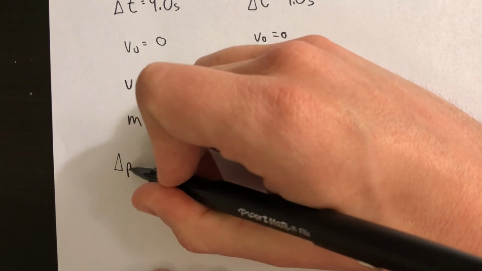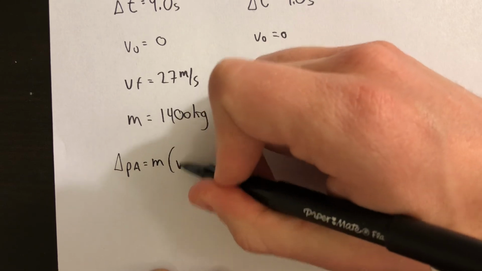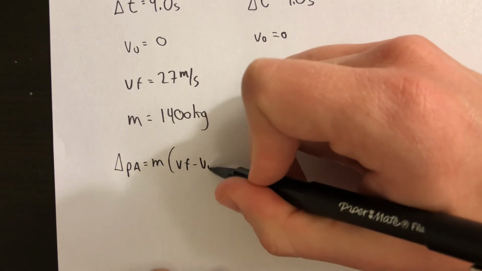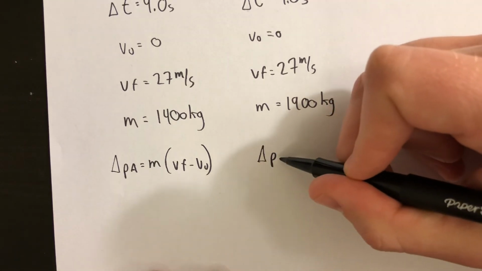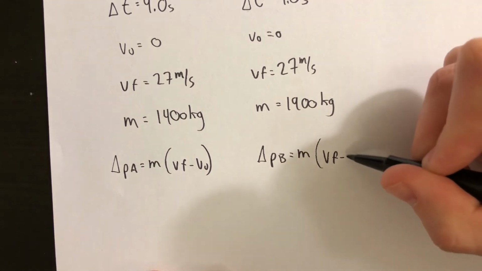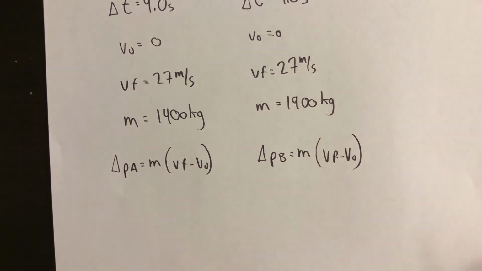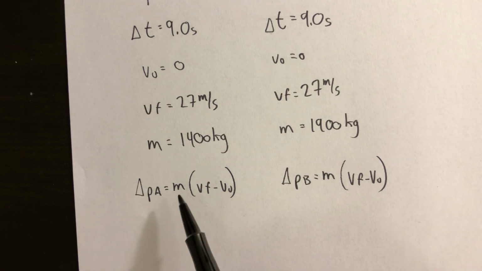So delta P for A is gonna be M times (V final minus V initial). Delta P for B is M times (V final minus V initial). Now, we're going to use this equation on both cars. The only difference for each of these cars is their mass.